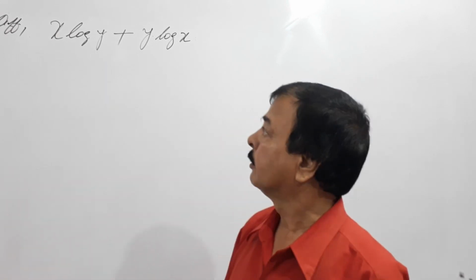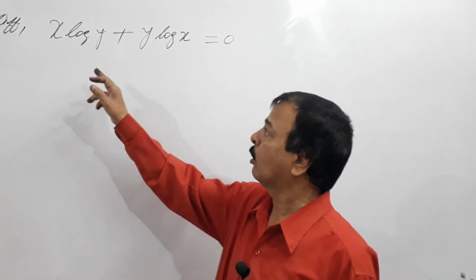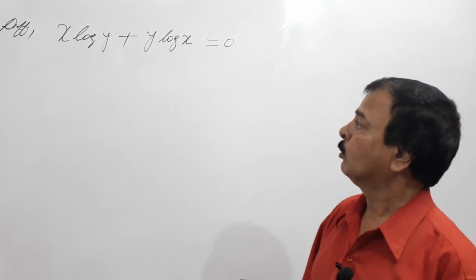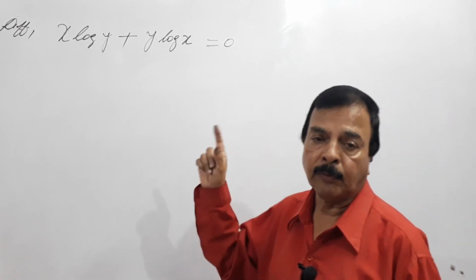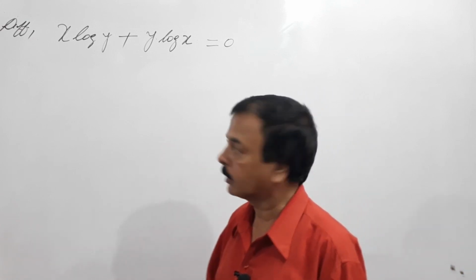So dear students, we have a problem: x into log y plus y into log x equals 0. We have to differentiate this. So very simple problem. Let's solve it.